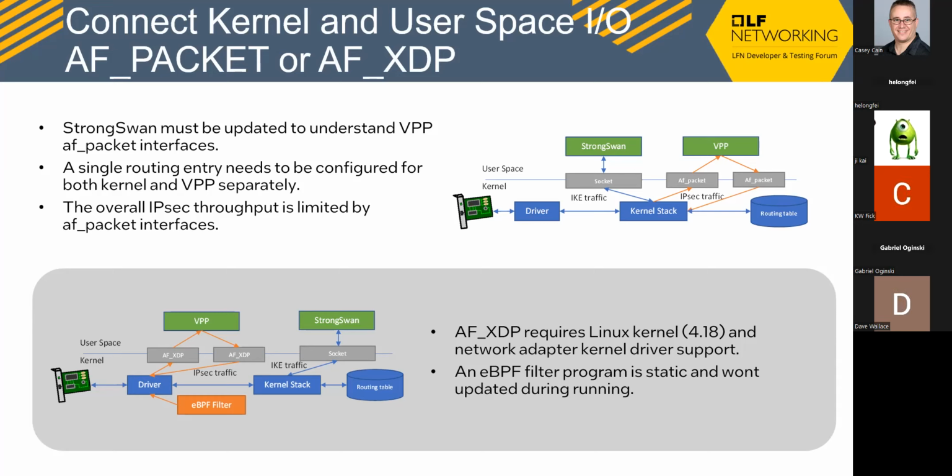The alternative solution with the kernel network adapter is using an AF XDP socket with a custom BPF filter program. AF XDP is a socket type for fast raw packet processing.